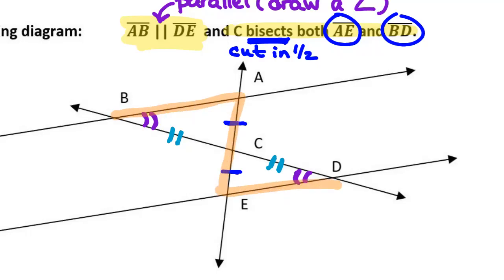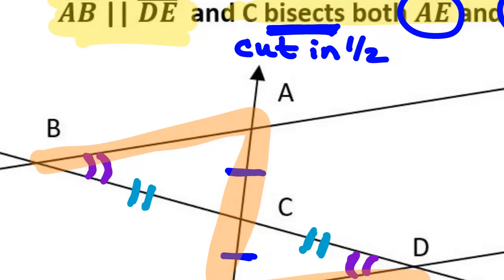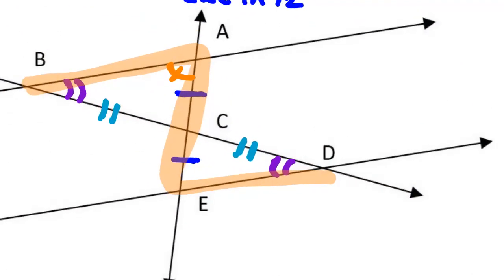I could have done it like this and still gotten a Z. That would be 2 different angles being congruent. What would be the 2 angles if I do it this way? Yep. Angle A right here, which is actually angle BAC, and angle E down here in the corner, which is actually angle CED. That uses all my given information.